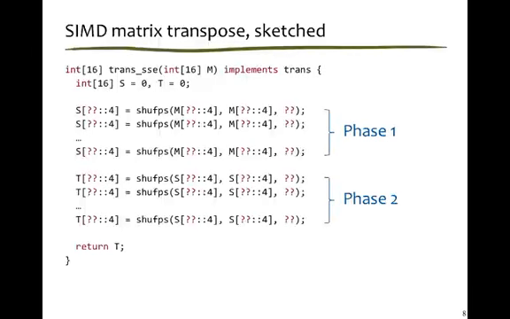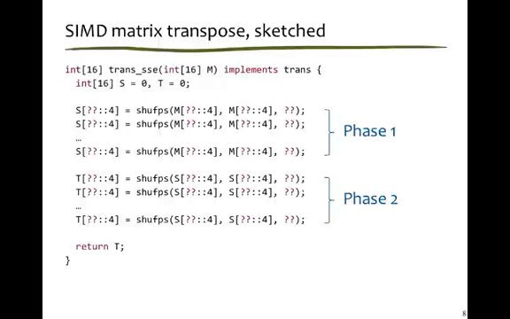So here it is. Here's phase 1. Here's our intermediate matrix S, again represented as a flat array. We're using the shuffle instructions. We are selecting 4 words from M for the x1 register, 4 words from M again for the x2 register, and then we're selecting some of those control bits, right?